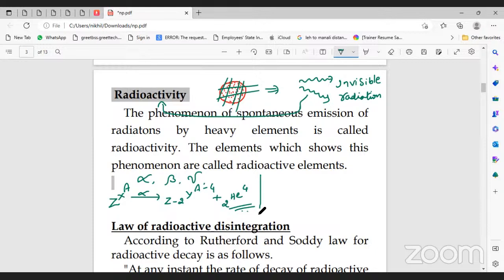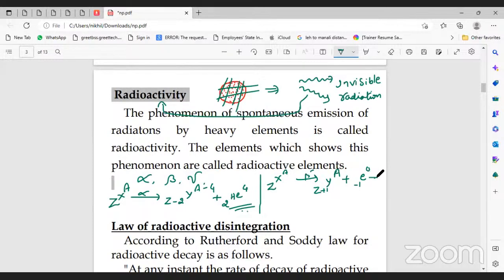Similarly, when a heavy nuclei emits a beta particle with negative beta decay, the mass number will remain the same and the atomic number will increase by 1. So the extra particle we are getting will be an electron, that is -1E0.